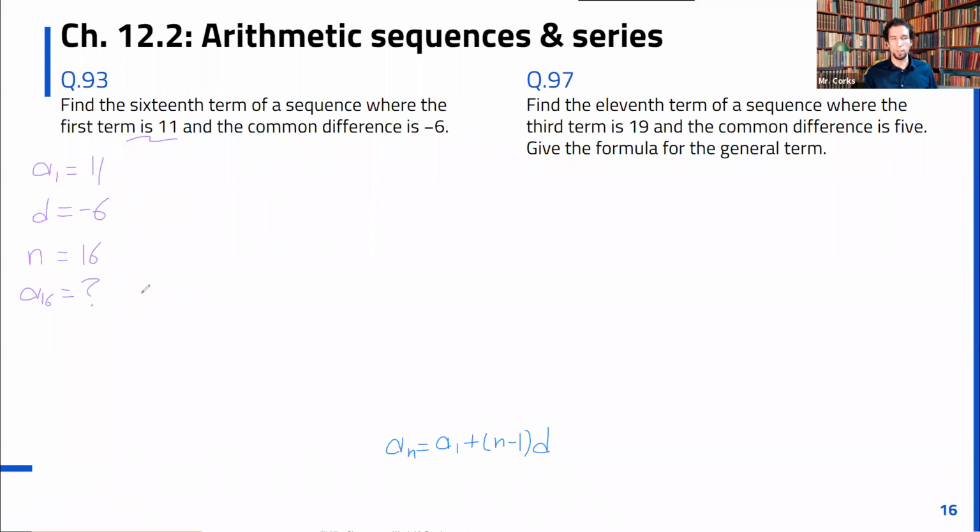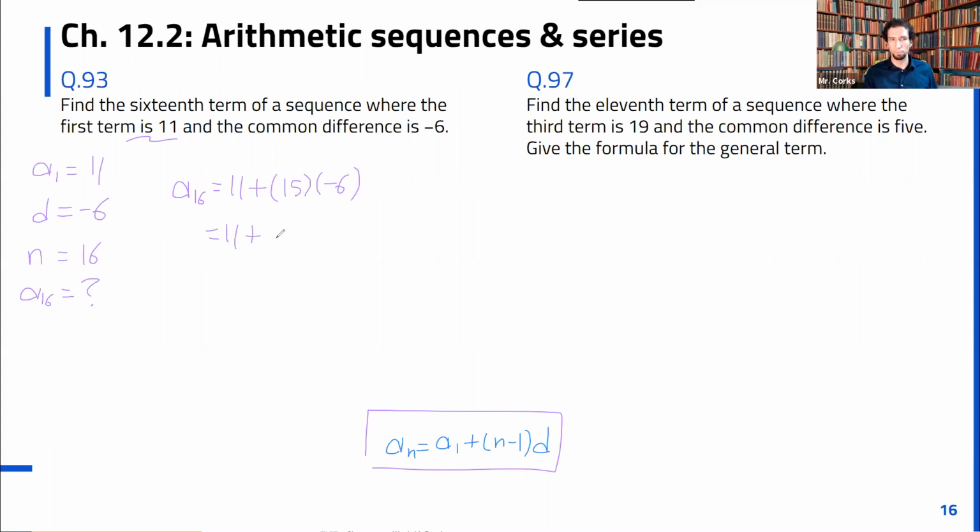A16 is what? If you look at the formula, we have all the parts that we need right there. A16 is equal to 11 plus n minus 1, 16 minus 1, 15 times D, which is -6. So 11 plus 15 times -6.